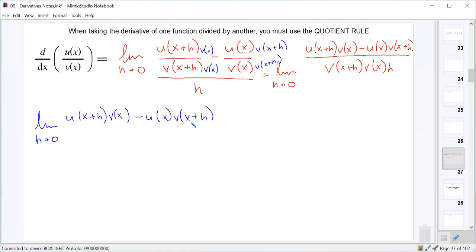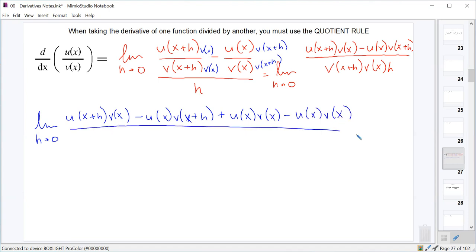This time we're just going to add in u of x, v of x, and we're going to subtract u of x, v of x. And this will all still be over v of x plus h v of x times h. And again, we've added u of x, v of x, and subtracted u of x, v of x, which is effectively like doing absolutely nothing.